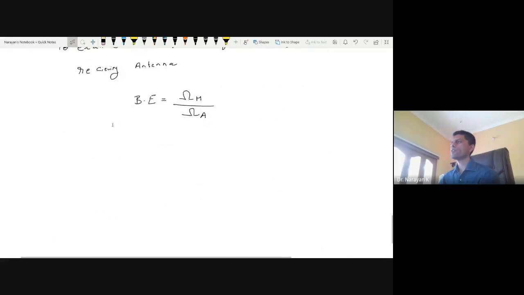So the major lobe area by the total beam area is known as your beam efficiency.